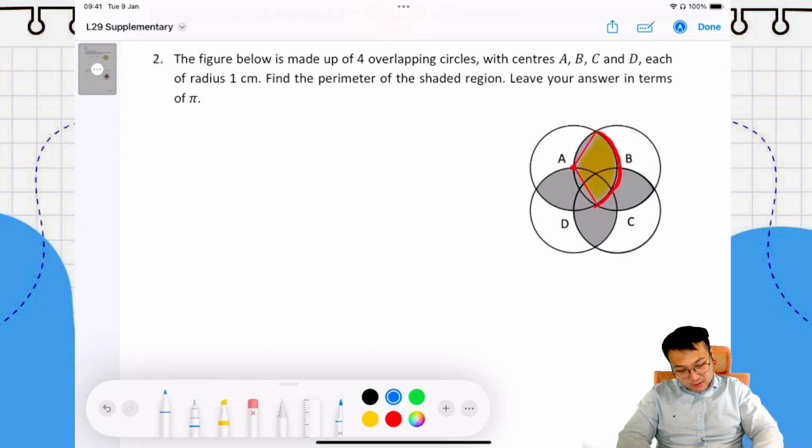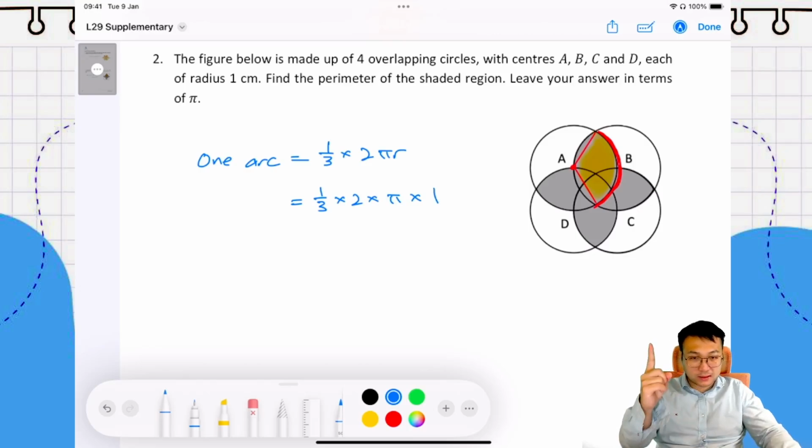For one of the arcs, 1/3 times 2 pi r. So you have 1/3 times 2 times pi times the radius, which is just 1. So what do you get? You get 2/3 pi cm. Now this is one arc.